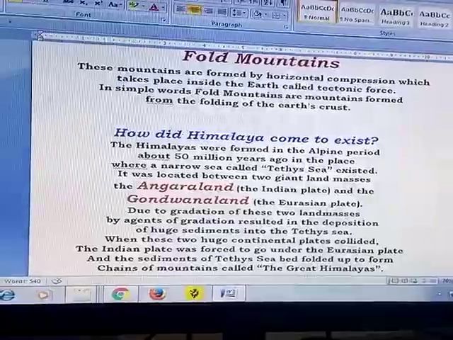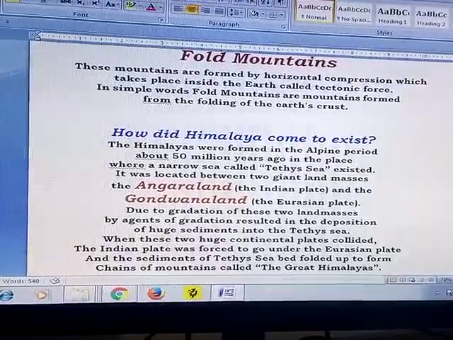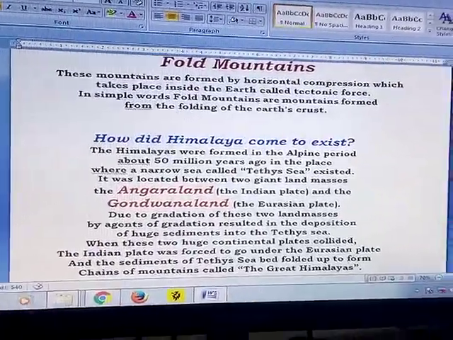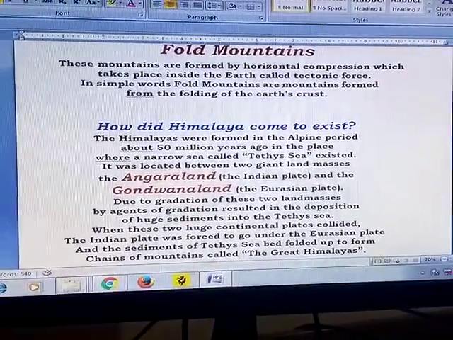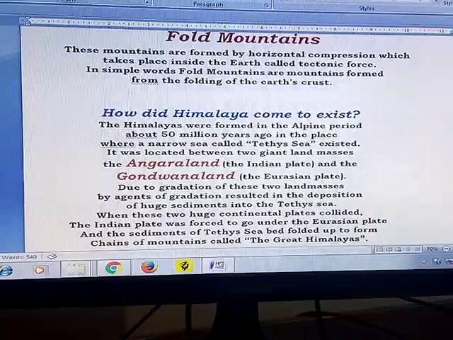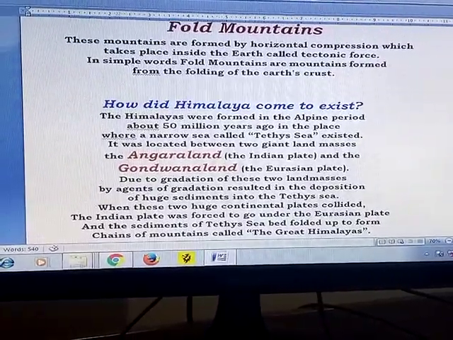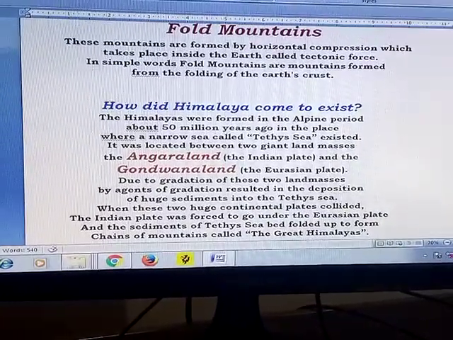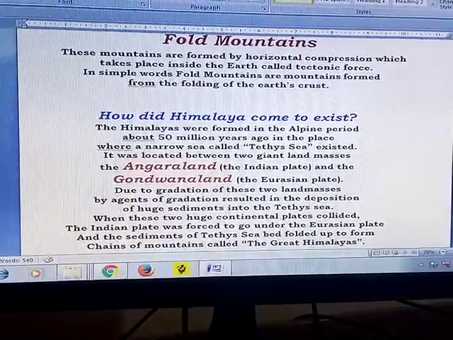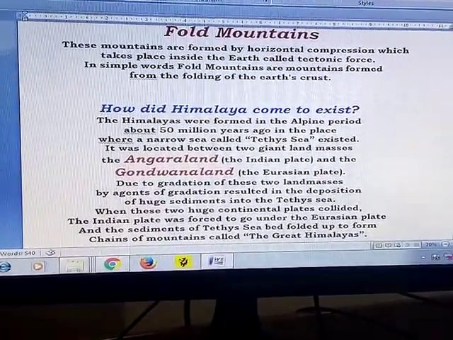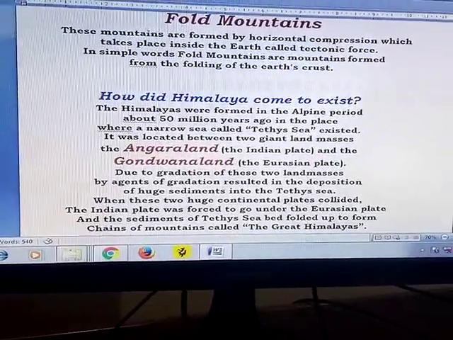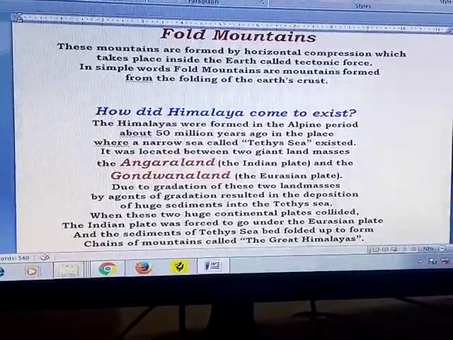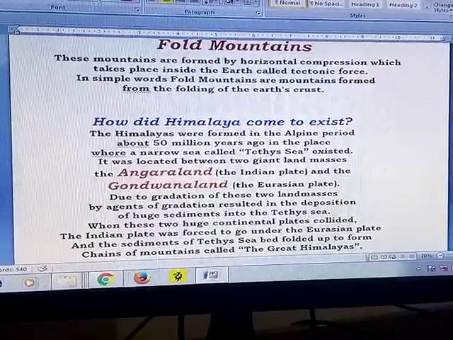Then the soft rocks or sediments in between were bound to fold upward, and that is how fold mountains are created. For your information, Himalayas, Andes, Rockies, the Alps of Europe, all these mountains are examples of fold mountains.